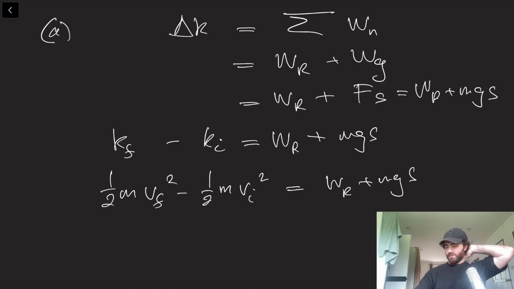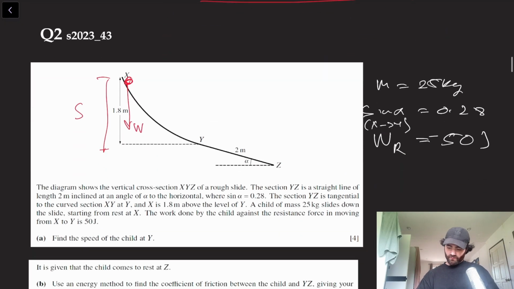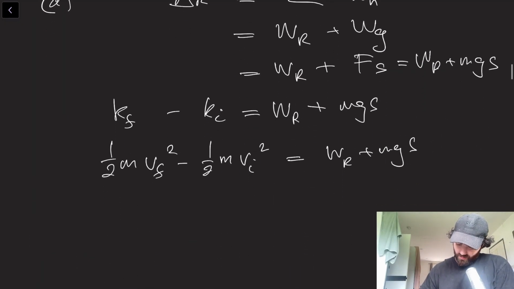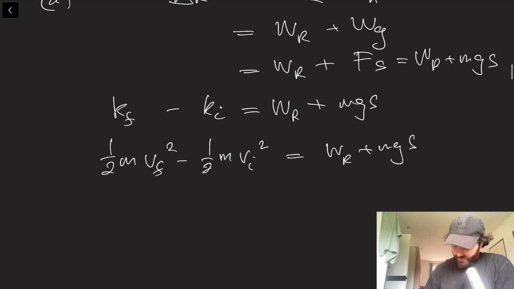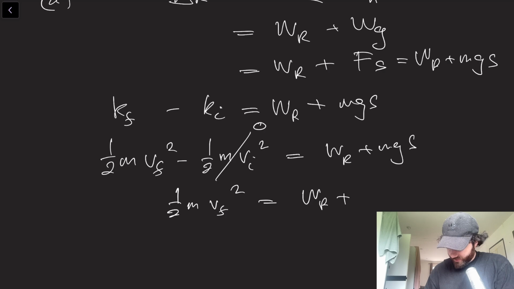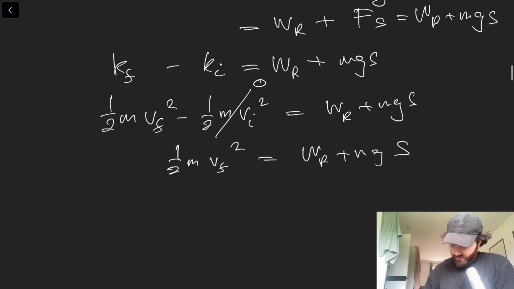Seems quite easy. How many marks is this? Okay, this thing is 0 because the initial speed is 0. So we get half m v f squared equals WR plus mgs.